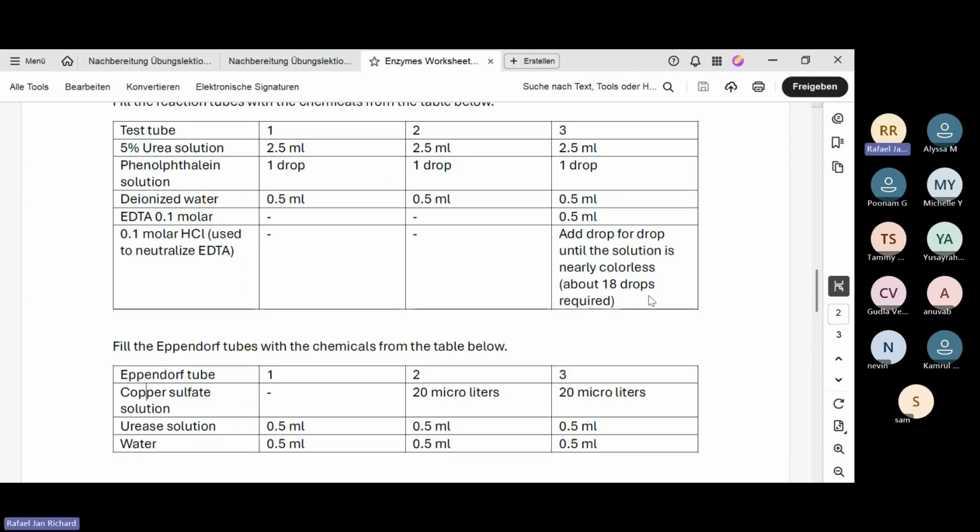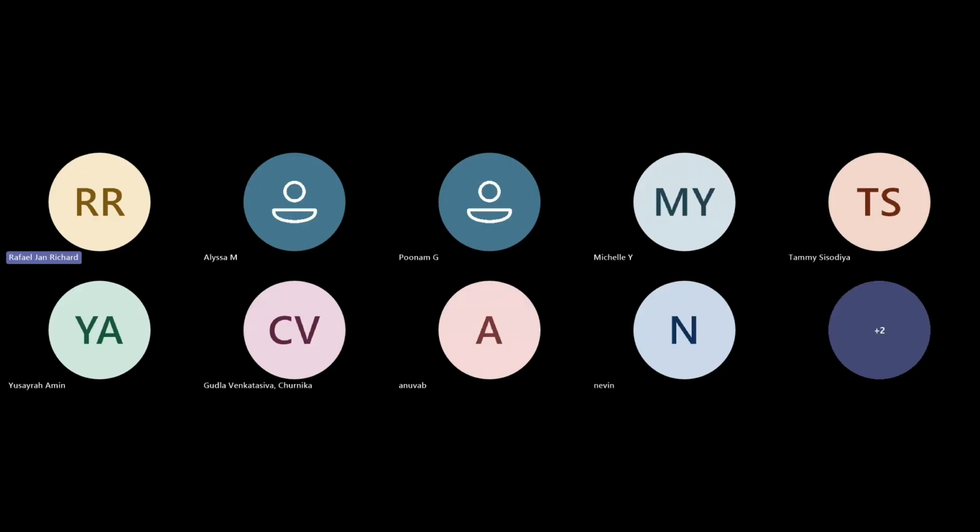Okay, I'll try to create breakout rooms.